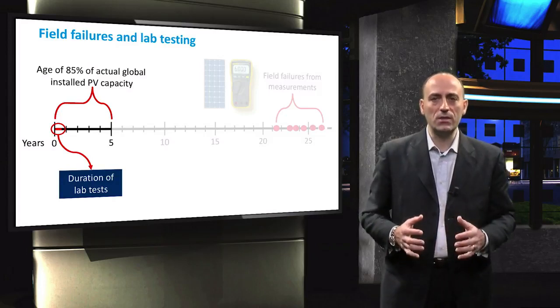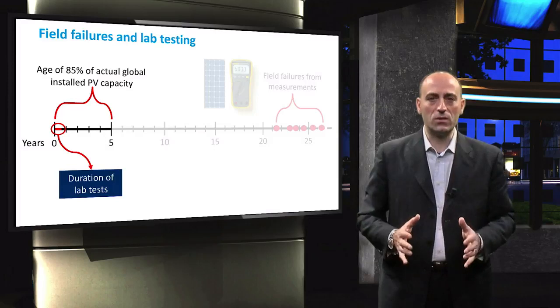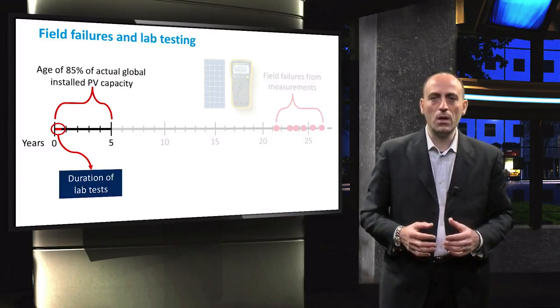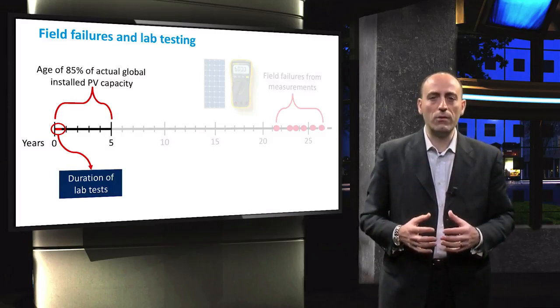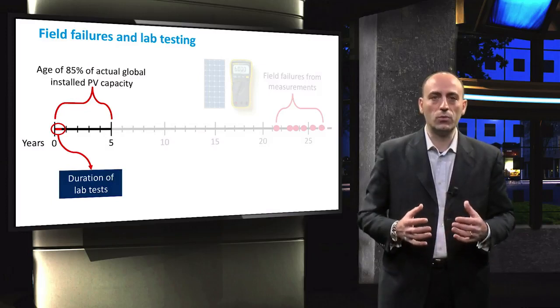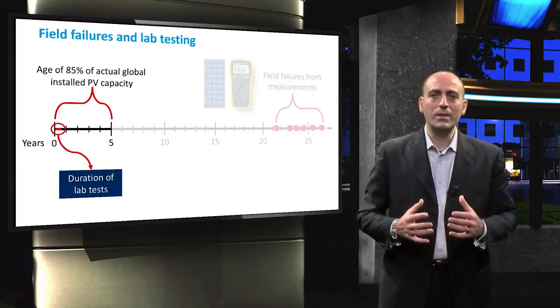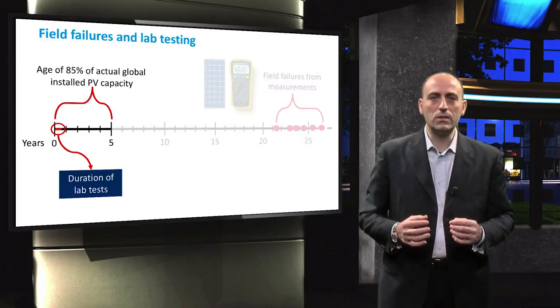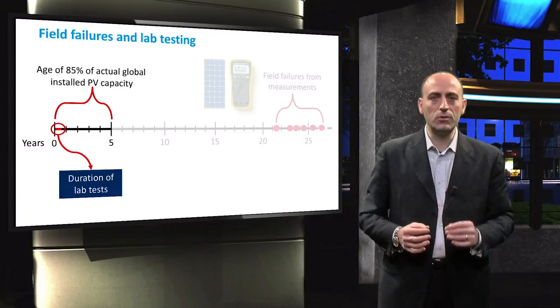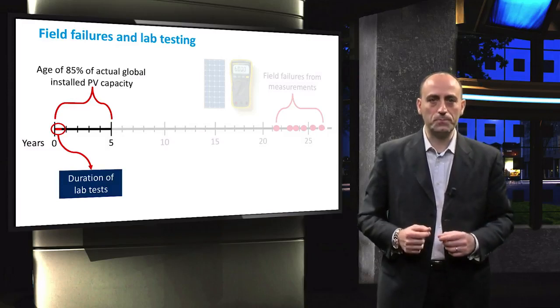Most of these tests only require several weeks or months, depending on the test. This is relatively short compared to the expected lifetime of 25 years or more for PV modules. Unfortunately, with these lab results, it is still not possible to precisely predict the real lifetime performance.